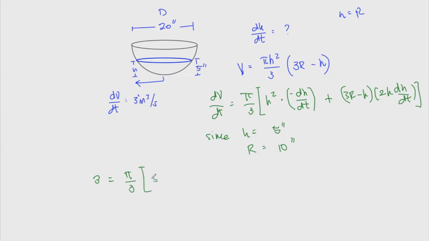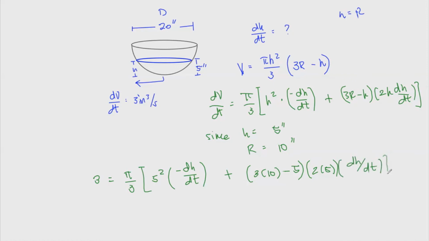Again, h is 5. Everything is in inches, so I won't write the units since we're consistent with them. And then plus 3 times 10 minus 5, and then we have 2 times 5, and then dh over dt. So we're looking for dh over dt.